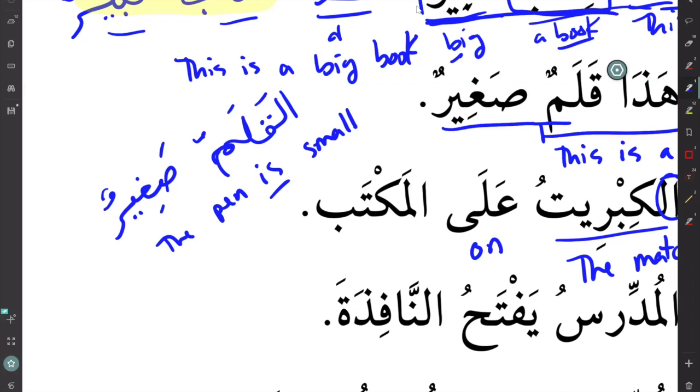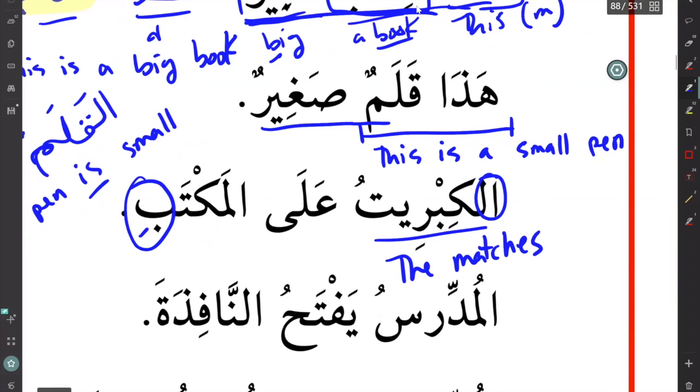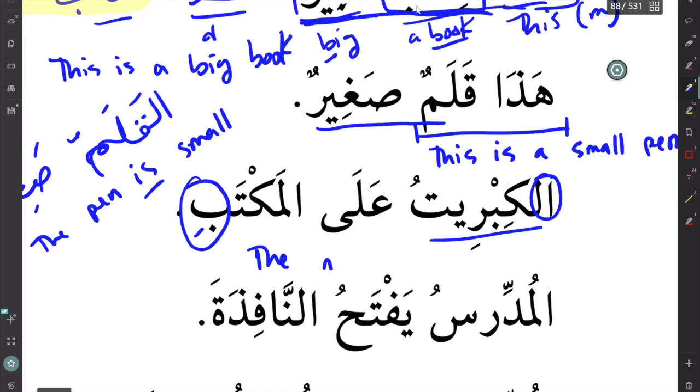So we have ala al-maktab. What's going to be here? It's going to get a kasra, ala al-maktabi, right? We studied this one before. So on the desk. So the whole thing is: the matches are on the desk.